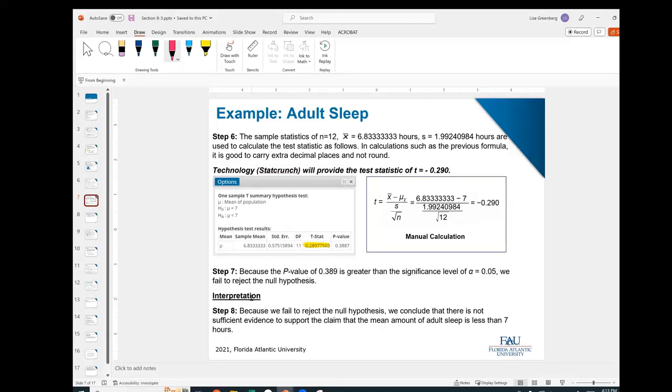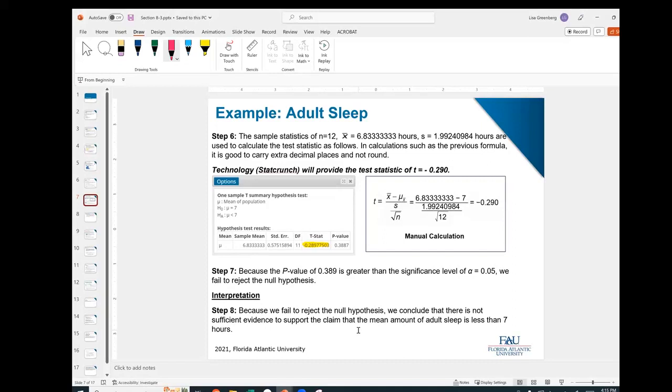And the interpretation: because we fail to reject the null hypothesis, we conclude that there is not sufficient evidence to support the claim that the mean amount of sleep is less than 7 hours. So basically, since we can't reject the null hypothesis H0, because it is greater than that alpha, we don't actually have enough information.